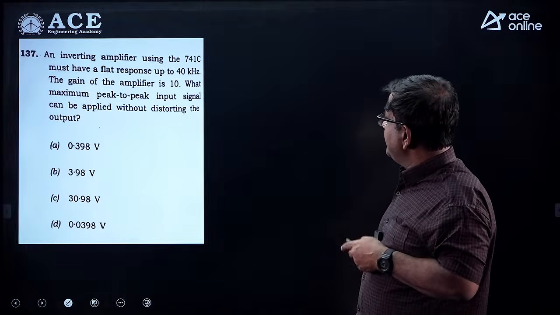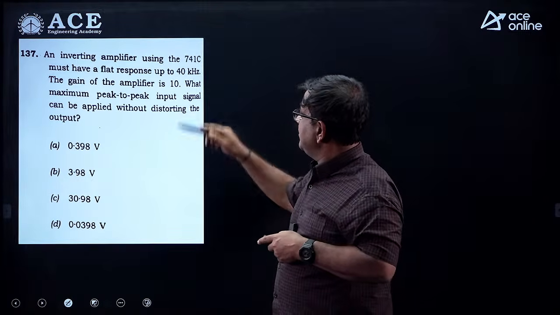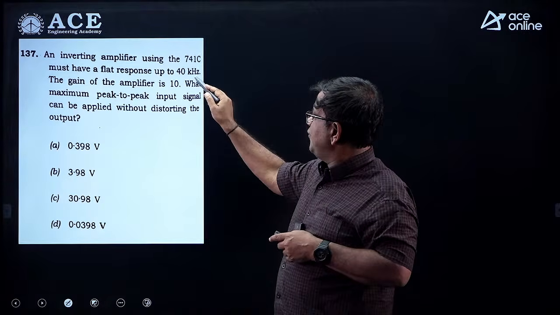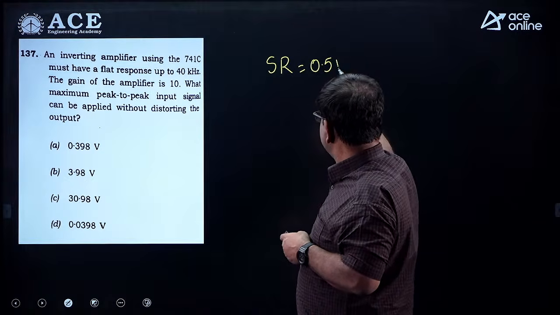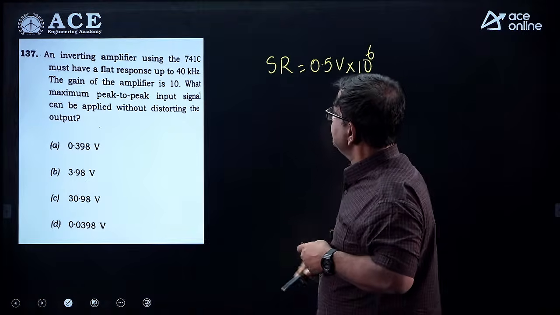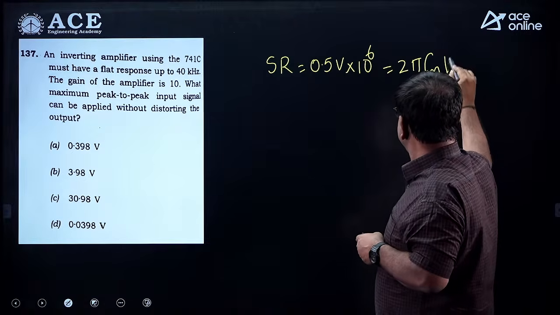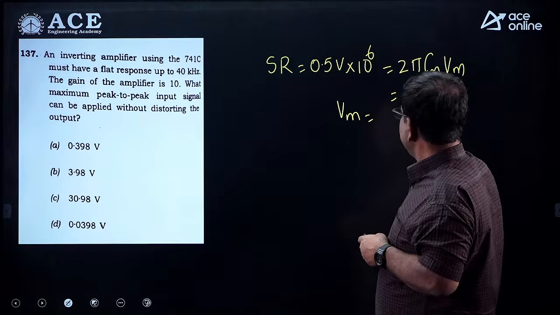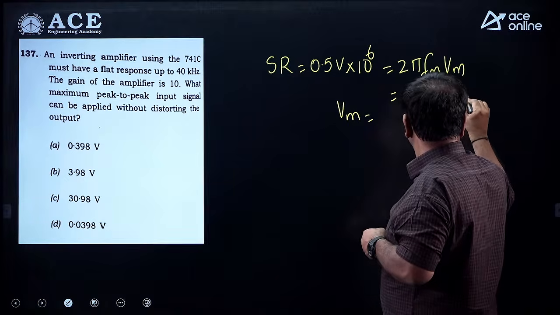An inverting amplifier using a 741C must have a flat response up to 40 kHz. That means their slew rate, if you see the data sheet, is around 0.5 volts per microsecond. Micro means 10 power minus 6. So, this is given as 2 pi f max V max. Now V max you can get by substituting f equal to 40k.